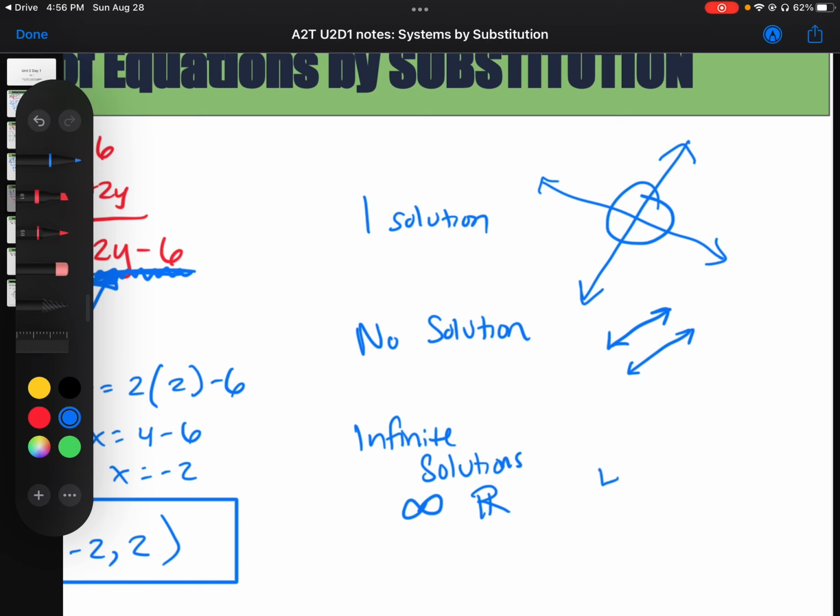And this is where, if I were to graph both of these lines, they would actually sit right on top of each other, called coinciding lines. So they are the same line, which means every point that's on one line is indeed on the other line. Whereas with no solution, every point that's on one line will never appear on the other line. And here, only one point on the first line also appears on the second line.